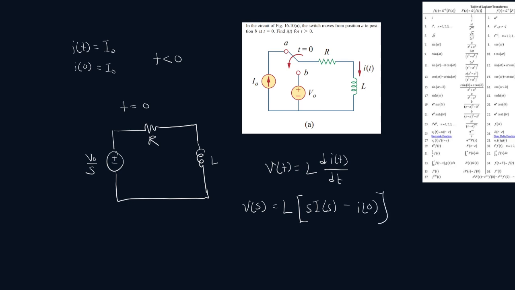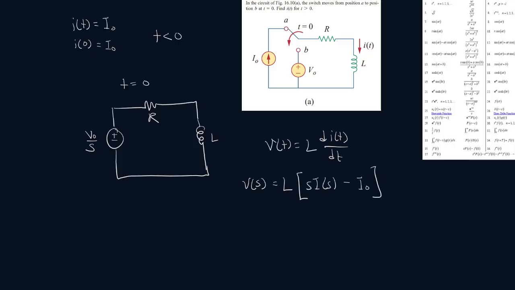Okay? And our initial condition is equal to I of O, so we would put I of O here. And since our initial condition isn't 0, we can't just write SL and call it a day. We have to go a little further.